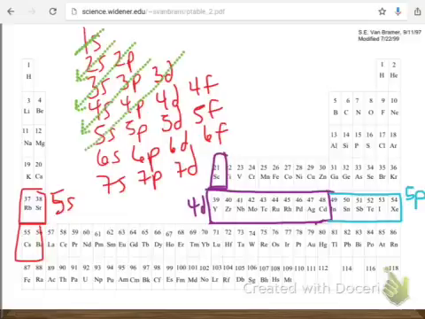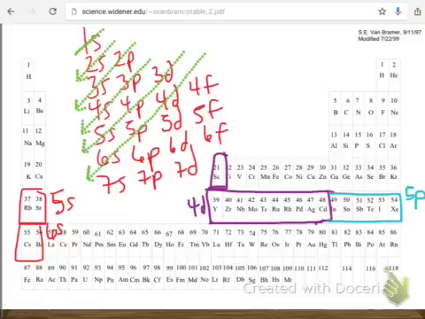3D, 4P, 5S, 4D, 5P. What fills next? 5P, then what? 6S. 6S.